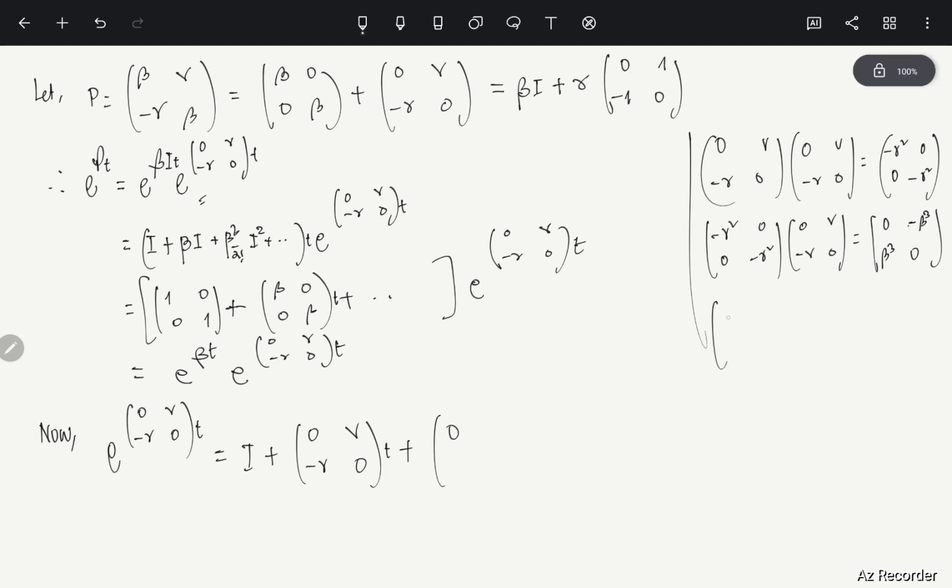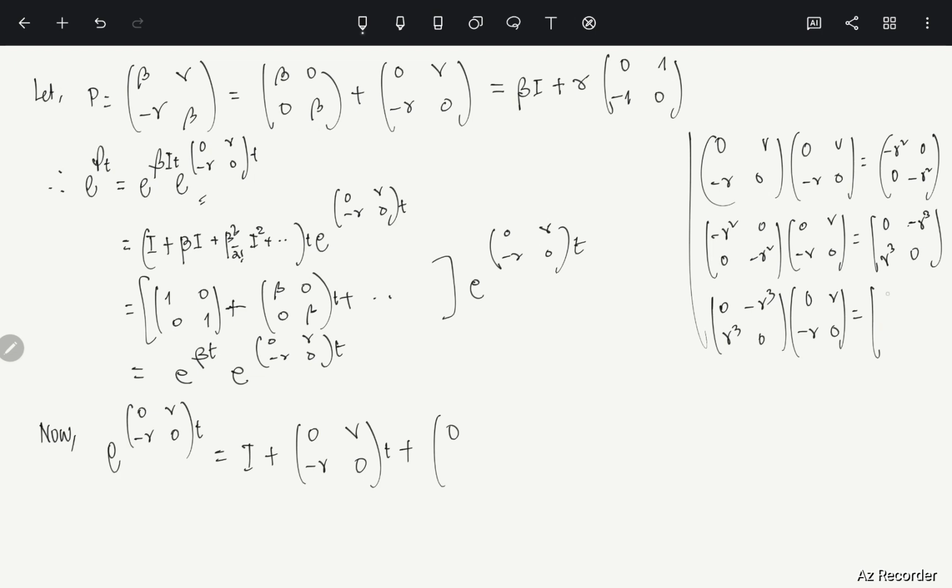Now [0 minus gamma cube; gamma cube 0] times [0 gamma; minus gamma 0].